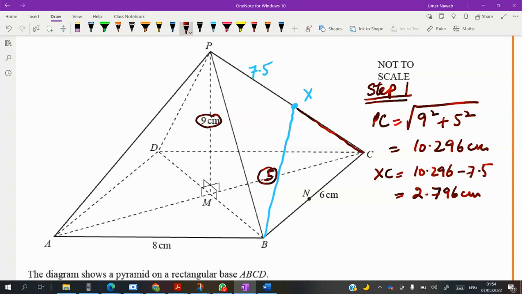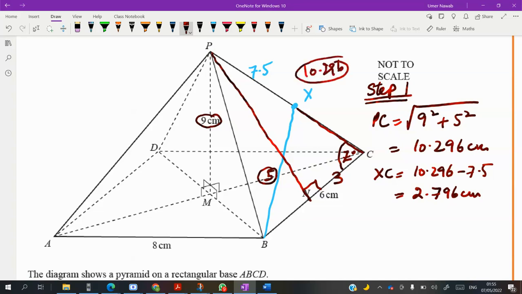Okay, got it. Now I need this angle Z. For this, I need to focus on the triangle PNC, which is a right angle triangle. And you remember this is 3. I have the PC given to me, which was 10.296.